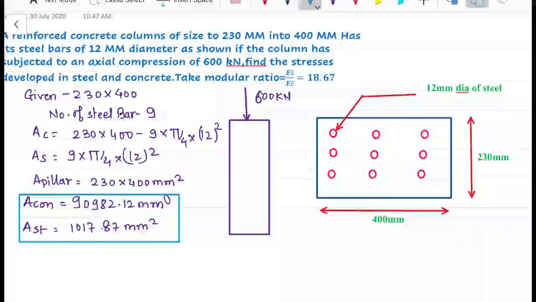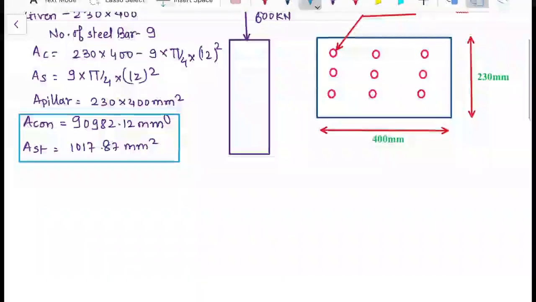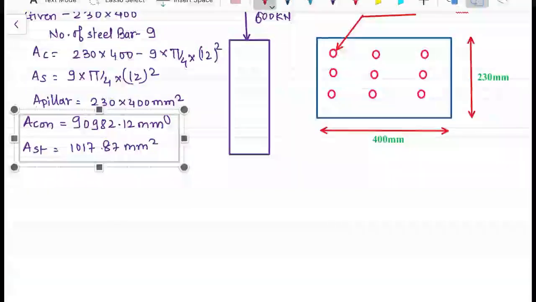Now as we have discussed earlier, whenever there is a problem of bars in parallel, the first thing that we have to do is to apply the equilibrium equation. What will this equilibrium equation say?